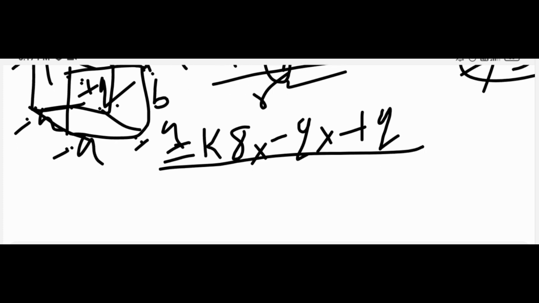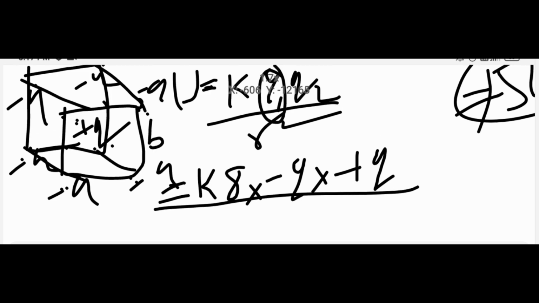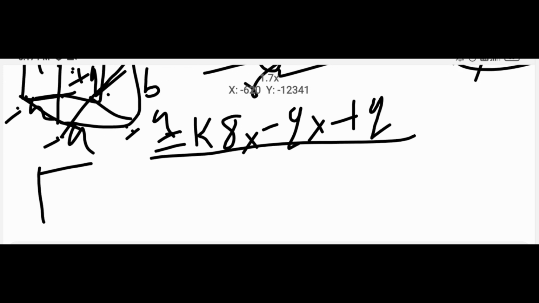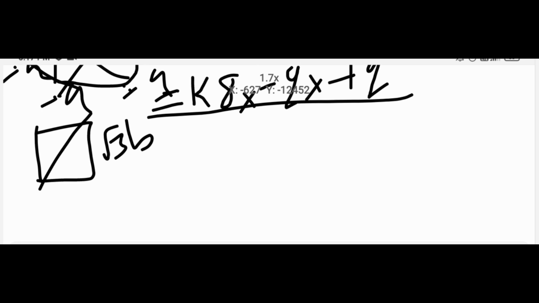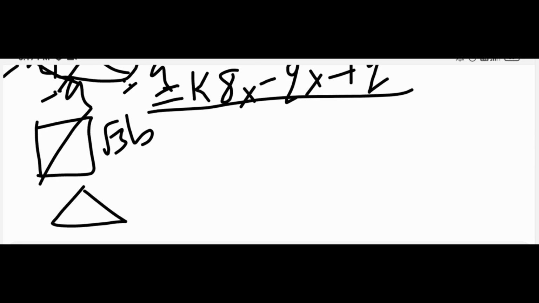What is r in a cube from the center to the corner? In this cube, the side will be b. The entire diagonal of the cube will be root 3 b, the diagonal of the cube being root 3 times the side.